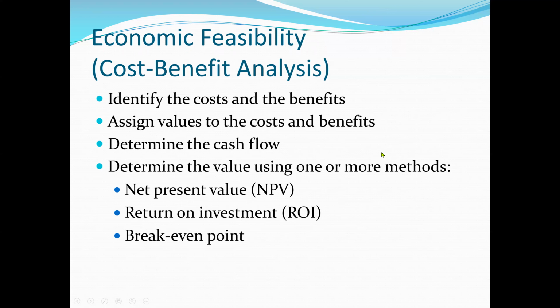So this will identify the financial risk associated with a project. And it also attempts to answer the question, should we build a system, as we said earlier? So economic feasibility is determined by identifying the costs and also the benefits associated with the project or the system. Also, we need to assign values to them and then do some calculations.